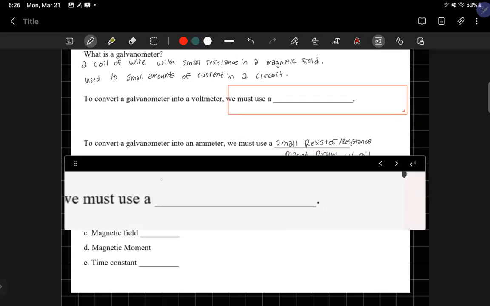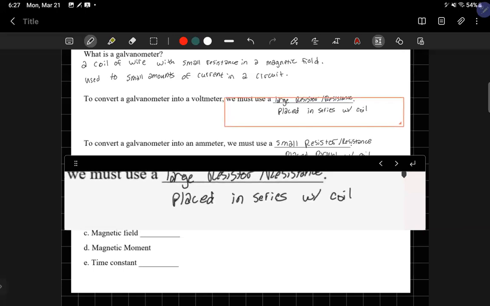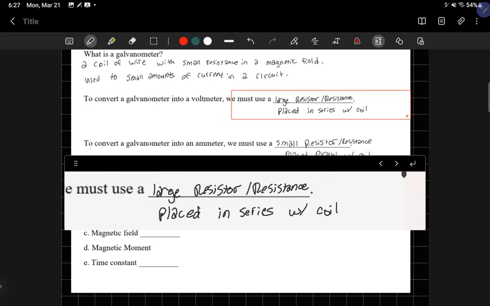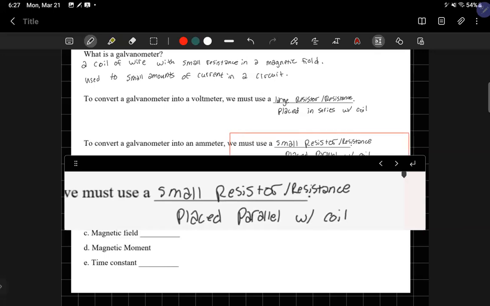And then this one, large resistor. A large resistance or resistor placed in series with the coil. So voltmeter in series, large; ammeter, small resistor in parallel.